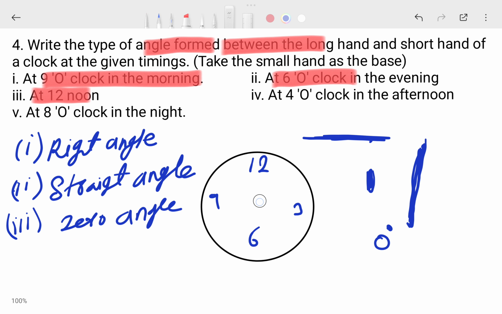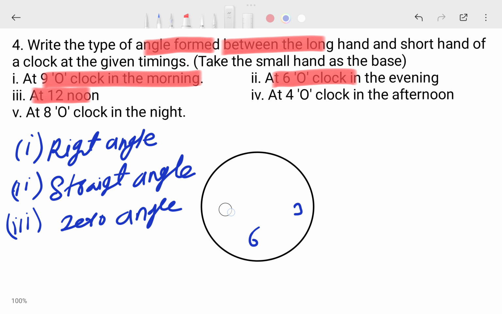At 12 or noon, the minute, hour and seconds all come at one point, and they do not show any angle, because this line is totally like that. So is it showing any angle? No. But if it is like that, this is the hour and the minute is at 6. That's why we find it out, but here we did not find.